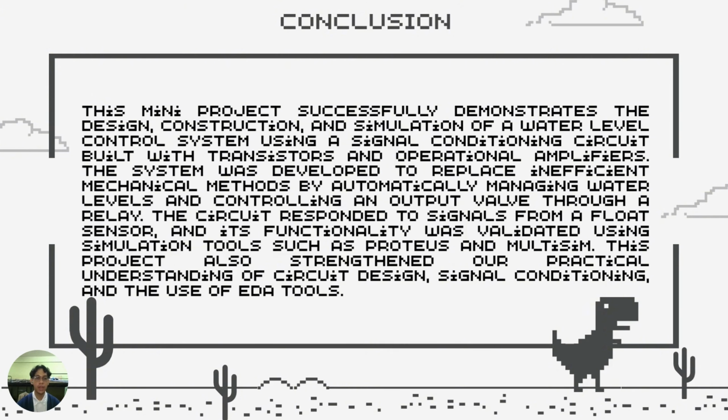This system was designed as a modern replacement for conventional mechanical methods, offering enhanced precision, reliability, and automation. The simulation results obtained using Proteus and Multisim have validated the functionality and effectiveness of our proposed design. Overall, this project has significantly deepened our understanding of circuit design principles, signal processing techniques, and practical application of electronic design automation tools.